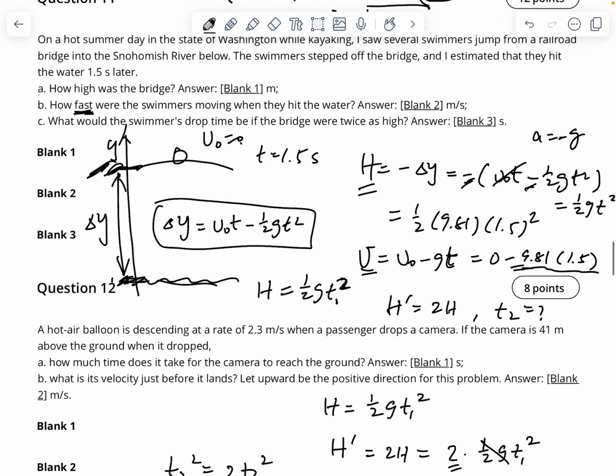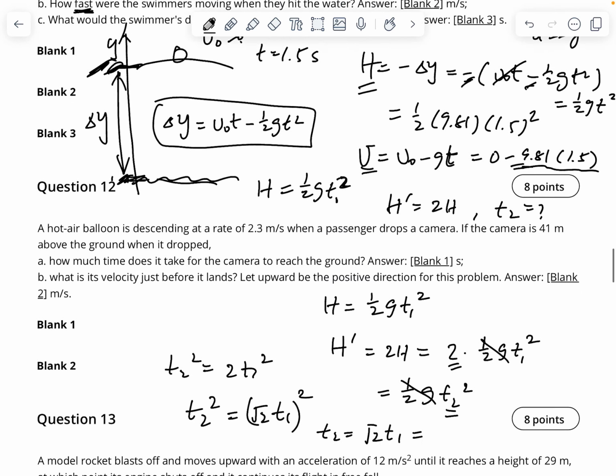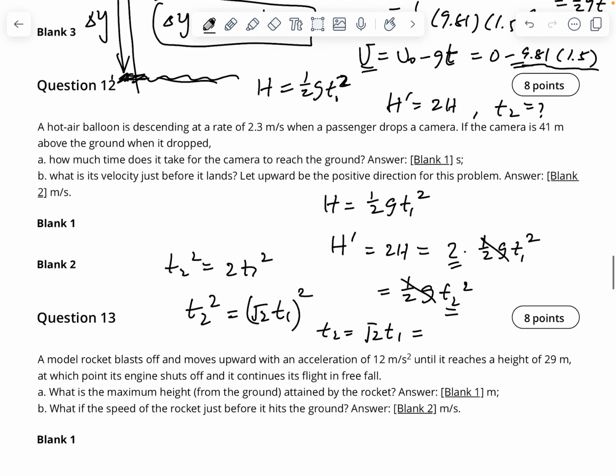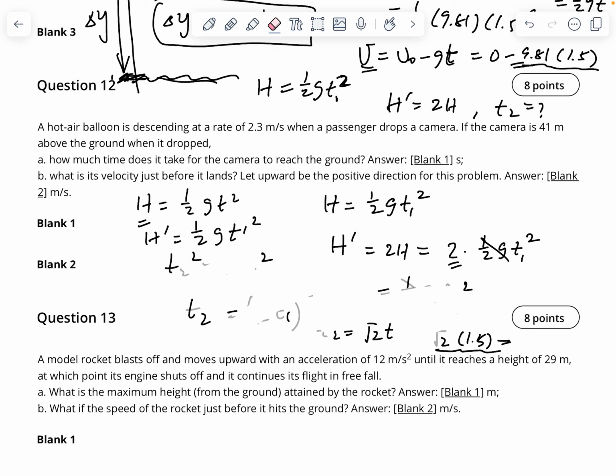So it asks, what will be the swimmer's drop time? We know t1 is 1.5 seconds, so square root of 2 times 1.5 seconds. This will be the time for t2. Because h equal to half g t squared, if you double the height, h prime equal to half g t prime squared.